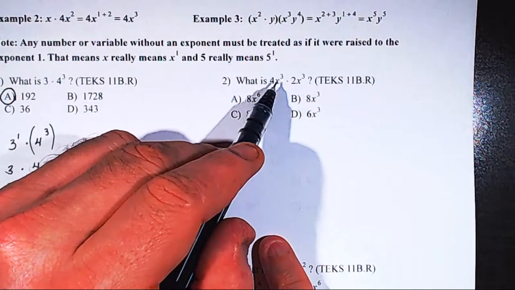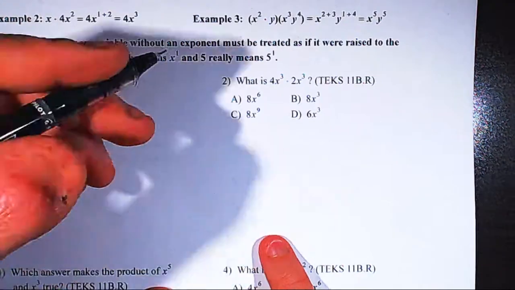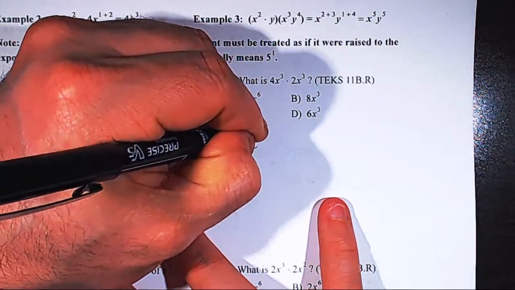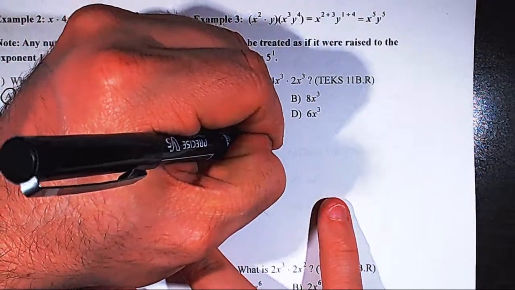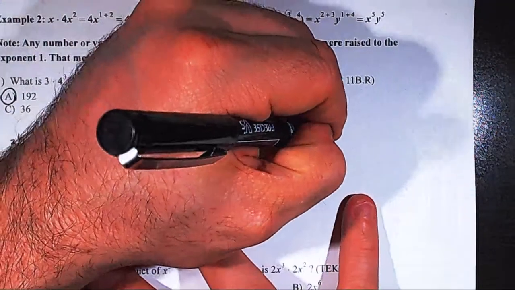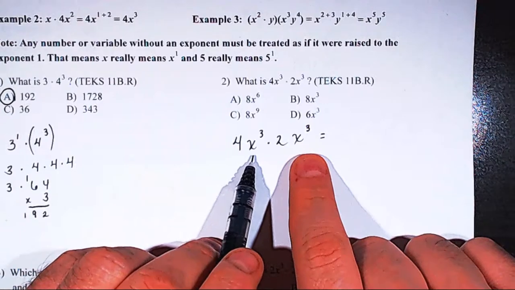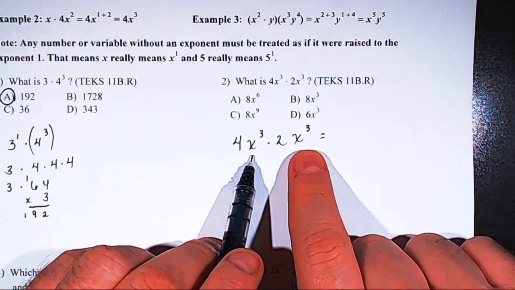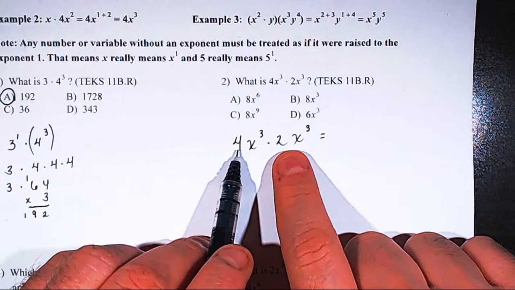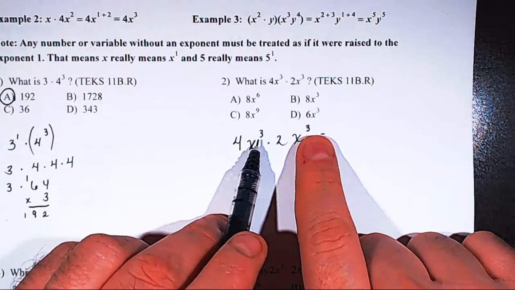What is 4x cubed times 2x cubed? All right, so let's write this out. 4x cubed times 2x cubed. So when you have coefficients next to variables of the same base, in this case the base is x, you multiply the coefficients, okay? Then you put the base and then you add the exponents.